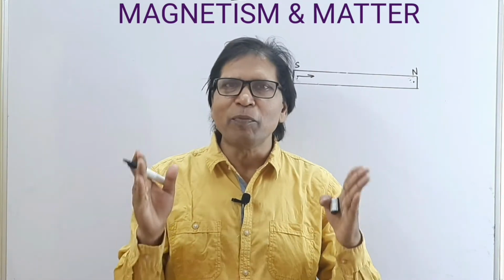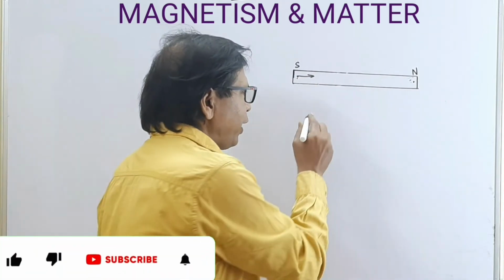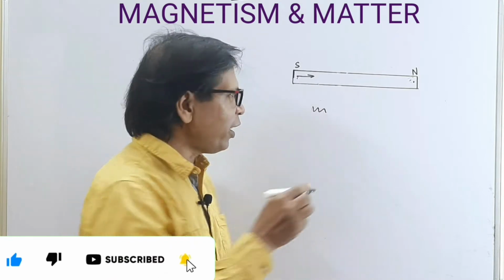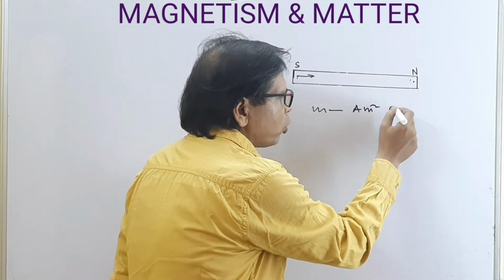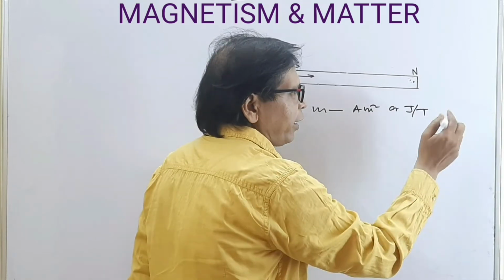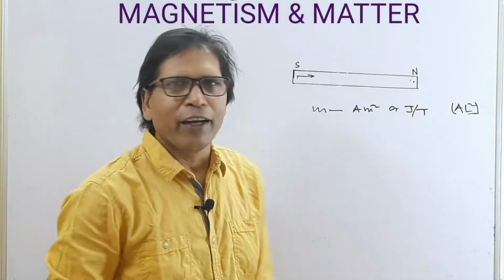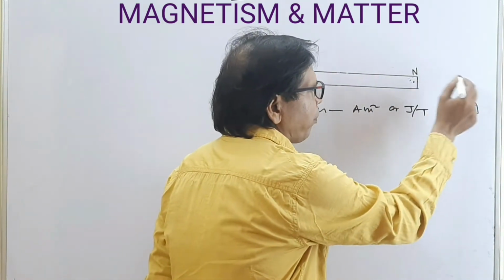Now magnetic moment. The magnetic moment of a bar magnet is directed from S to N, and it is represented by small m. Its unit is ampere meter square or joule per Tesla. Its dimension is AL square. Okay? Now magnetic field on the axis of a bar magnet.